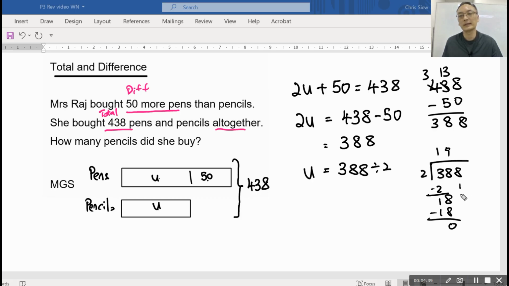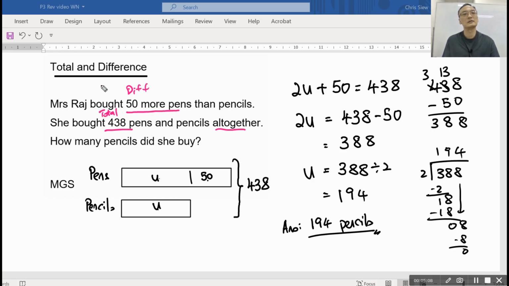And we have 0, we bring down another 8. So this is 4 times 2 minus 0. So we know that the answer here is 194. So 1 unit is 194. How many pencils did she buy? She bought 1 unit of pencils. So we know that the answer for this question will be 194 pencils.